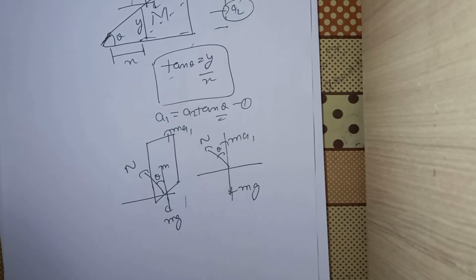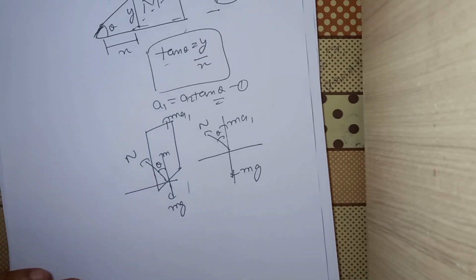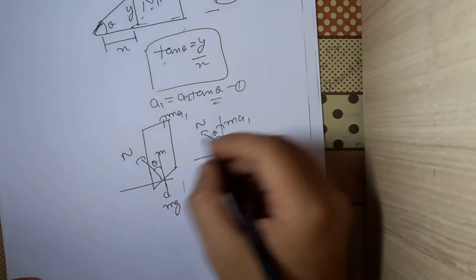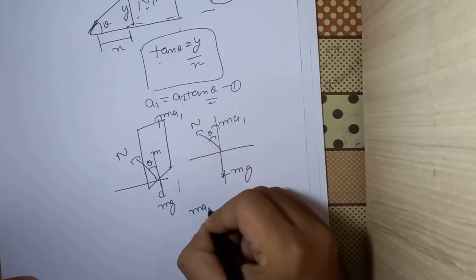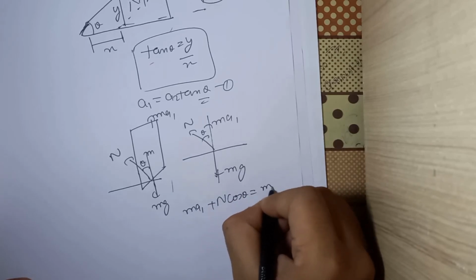We have already discussed that while writing equations from the FBD, try to write one equation along the acceleration and another equation in the direction perpendicular to the acceleration. The advantages of this we'll discuss later on. So here you can directly say that ma1 plus N cos theta is equal to mg.